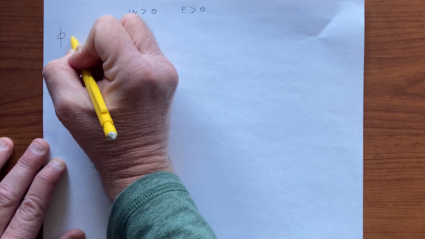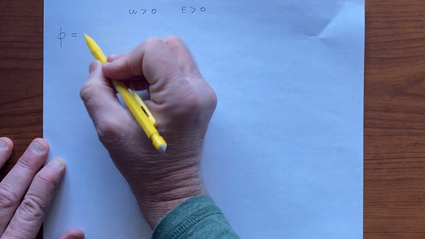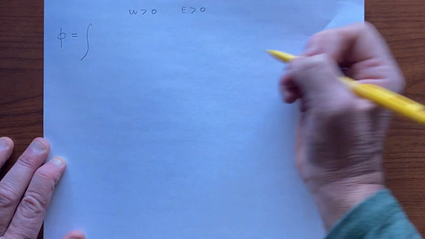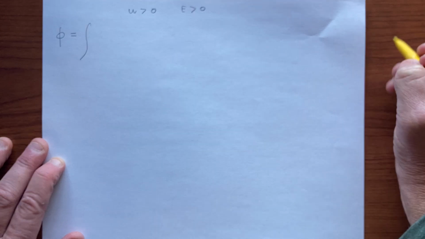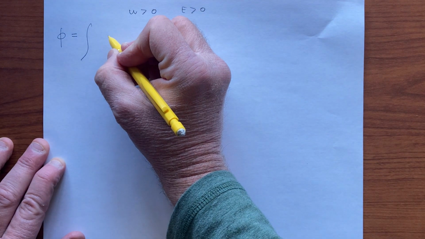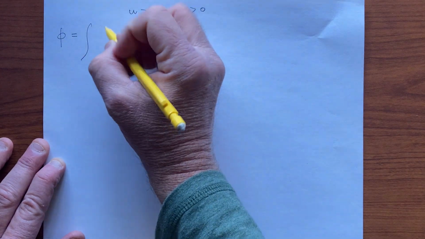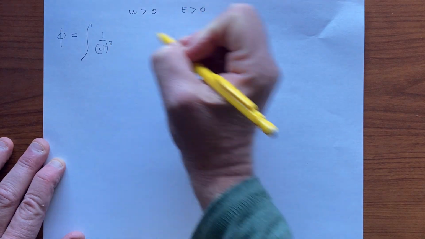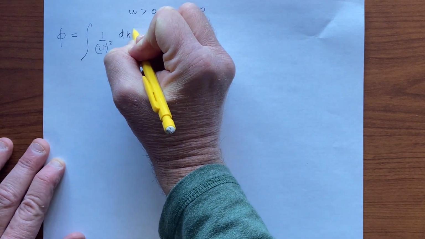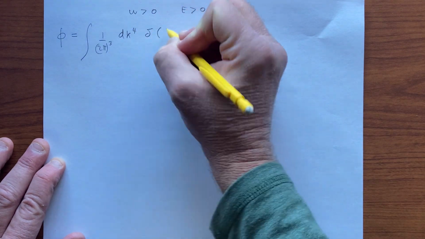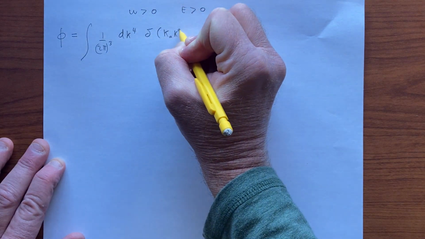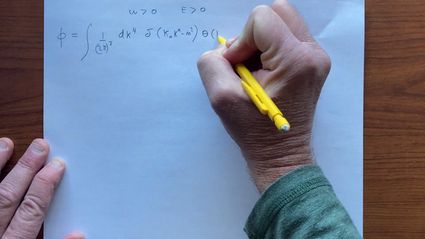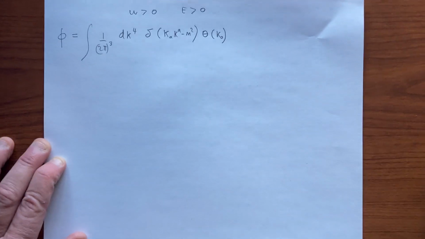So the solution for the field that obeys special relativity and quantum physics becomes 1 over 2 pi, right? We're fixing the value of the energy, d^4k. We have this constraint from the dispersion relation, and now we insist that the energy be positive.